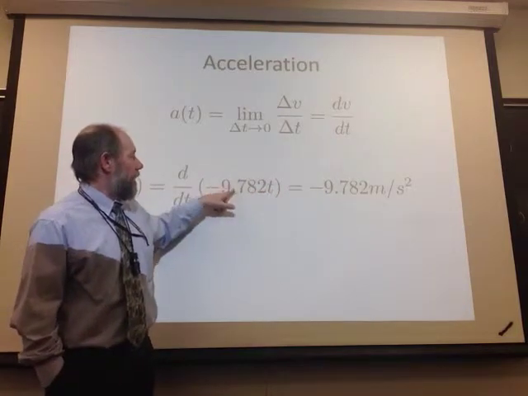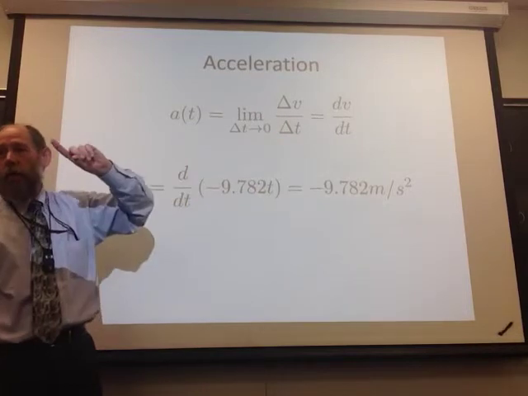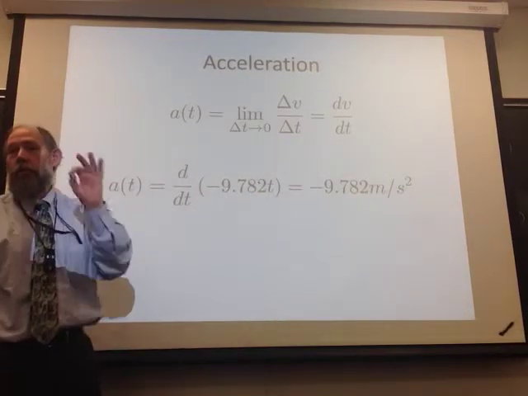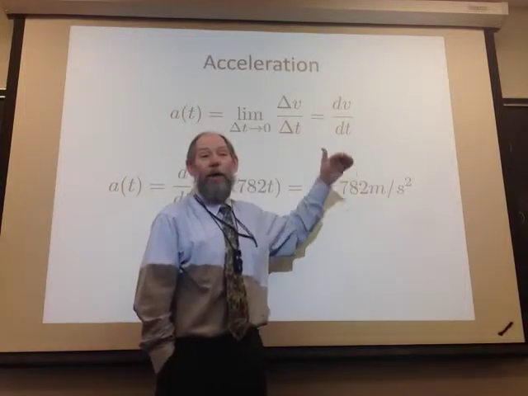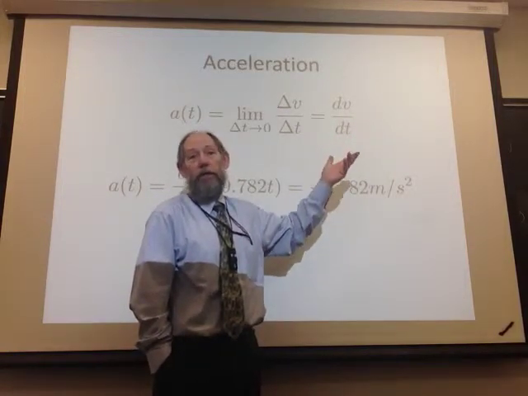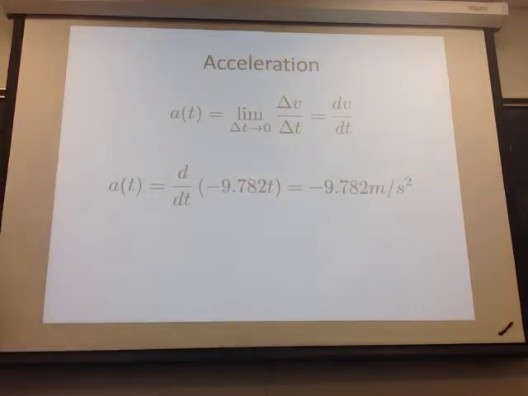The derivative of this is a constant times time, so we multiply by the exponent, which is 1, and then reduce the exponent, which makes it 9.782 times t raised to the power of 0, which is 1. And so the acceleration is minus 9.782 meters per second squared, which is the acceleration due to gravity. It's a constant. So using the derivatives, we can determine very readily position, velocity, and acceleration.